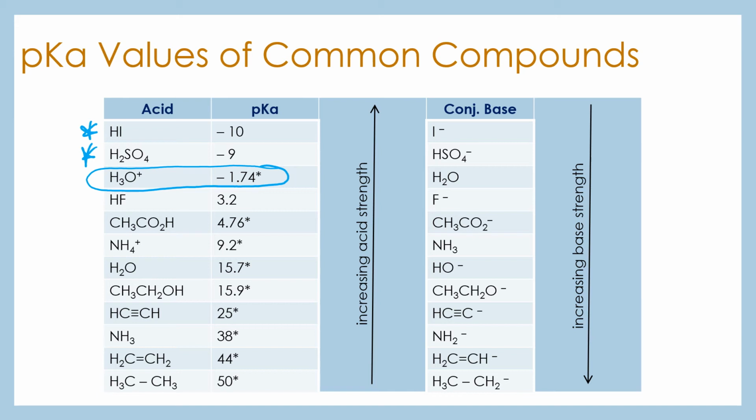This makes a lot of sense because a strong acid wants to give up its proton. Hydroiodic acid, once it has given up its proton to make iodide, is really pleased with itself because it fulfilled its lifelong mission. It is not going to want to take back a proton and go back to the acid, so it's not going to be good at being a base.